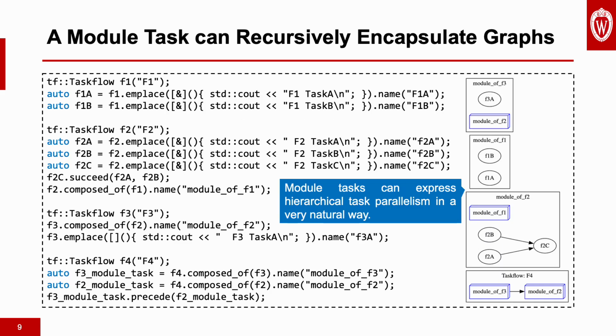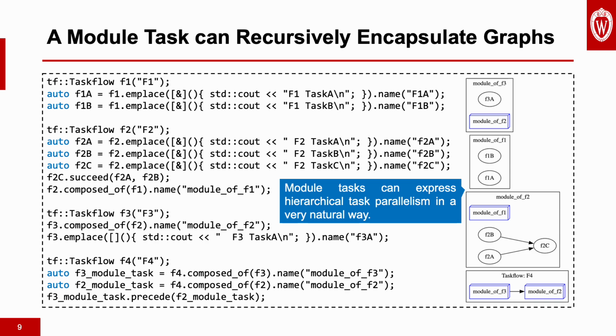A module task can recursively encapsulate graphs, so you can implement hierarchical task parallelism in a very natural way. For example, here I have a taskflow F4 that consists of two sequential module tasks. Module of F3 runs before module of F2. Inside module of F2, we have three tasks, F2B, F2A, and F2C, and another module task, module of F1, that goes recursively to another two tasks, F1A and F1B.